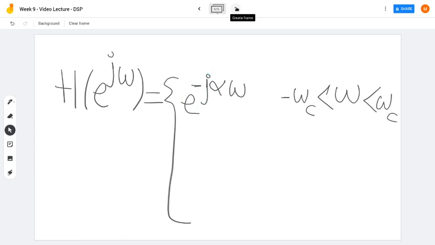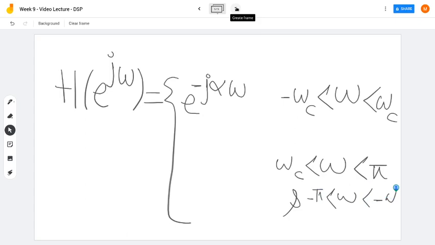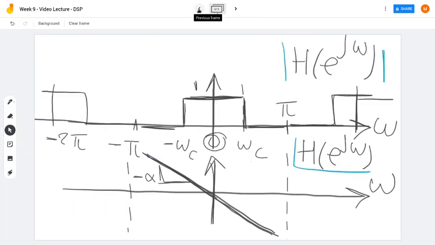And in the interval where omega is larger than omega c and less than pi, and omega larger than minus pi and less than minus omega c, which is this interval over here from minus pi to minus omega c and from omega c to pi, the gain is 0 with a linear phase, so it's 0.